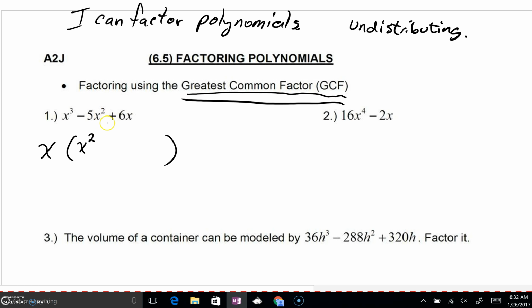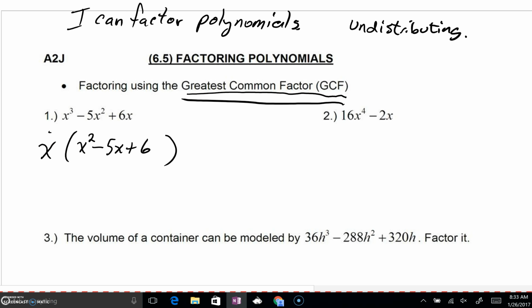If I took one x away from the minus 5x squared, I'd have a minus 5x. If I took one x away from the 6x, I'd have a 6. If you're ever wondering, did I do this right, you could double check by quickly redistributing, remultiplying it back in to make sure it works out.